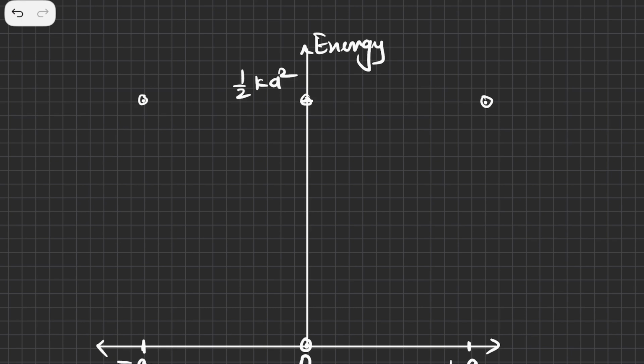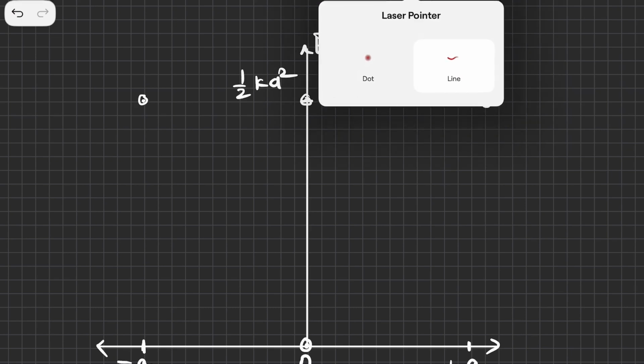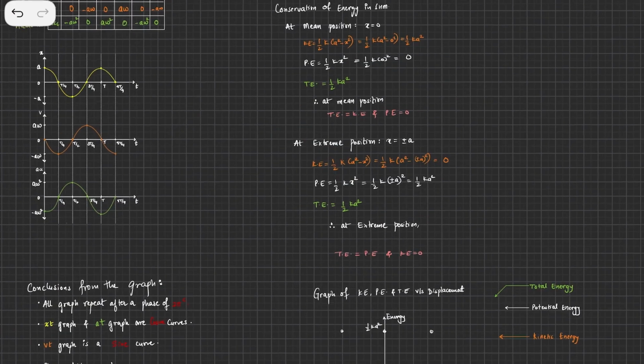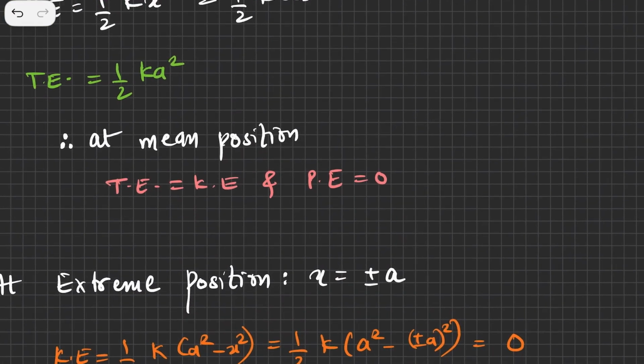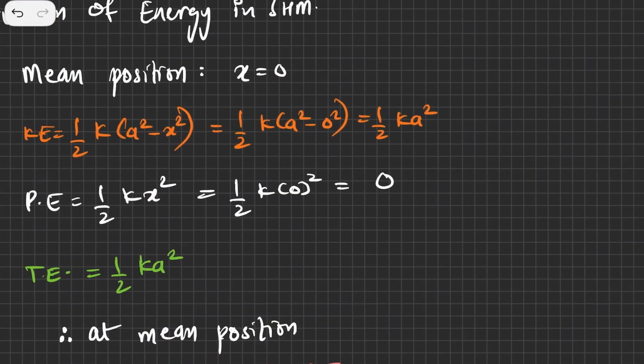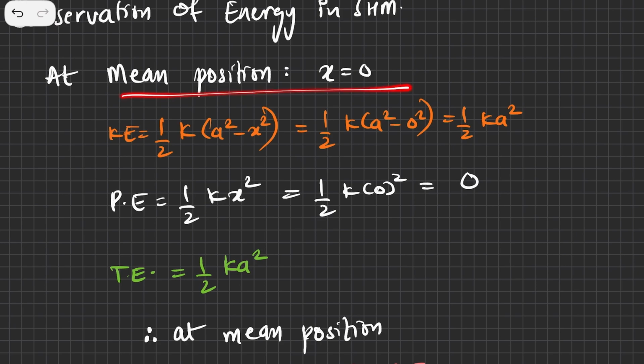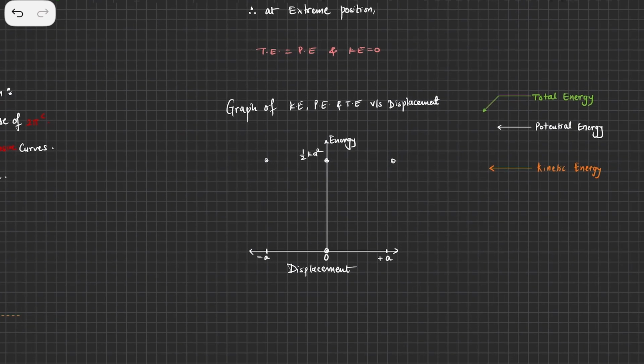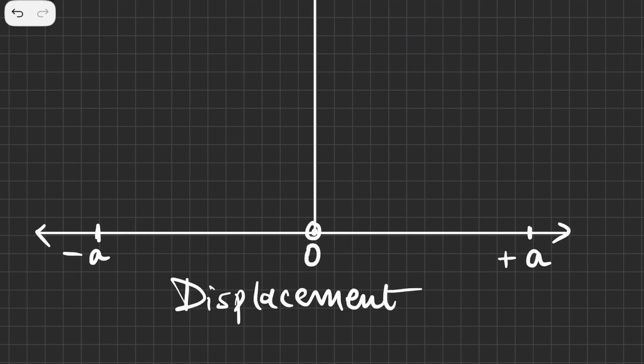Let's plot kinetic energy first. So if I plot a kinetic energy graph, my first point would be at mean position. At mean position, the kinetic energy is half k a square. So my first point comes out here at mean position. This is my mean position, this is my extreme position, this is my positive extreme. The kinetic energy is 0.